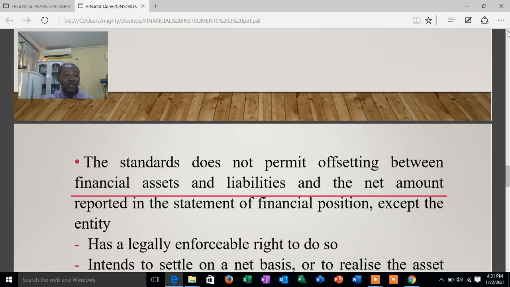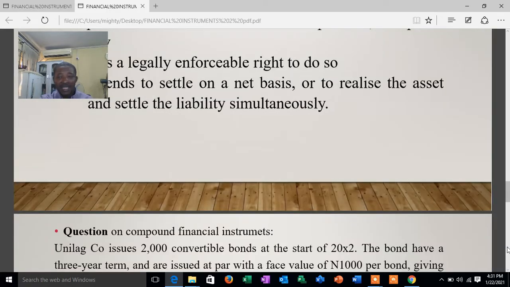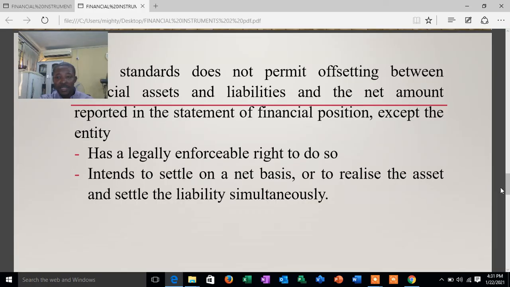You use them to offset each other, and the net amount is reported in the statement of financial position. So it does not permit offsetting between financial assets and financial liabilities, except the entity has a legally enforceable right to do so, and also intends to settle on a net basis or to realize the asset and settle the liability simultaneously. Those are the only conditions that will warrant that you offset.